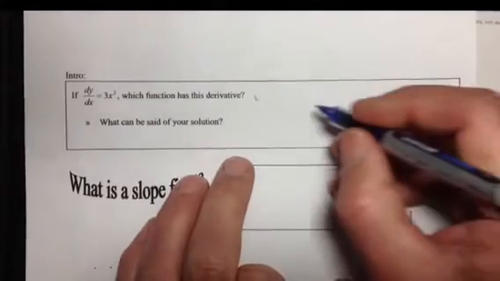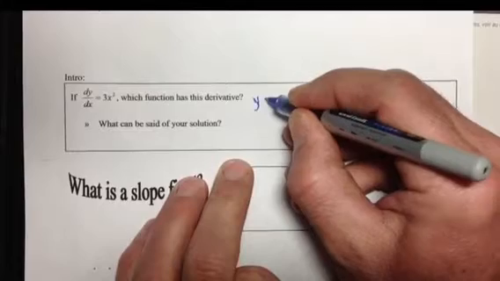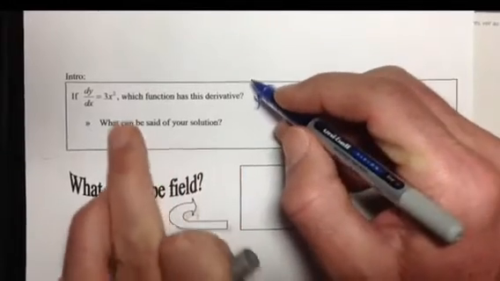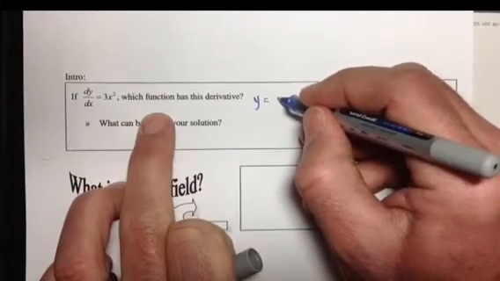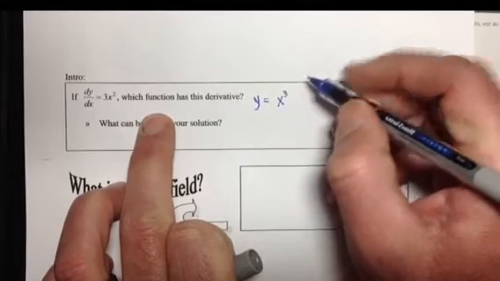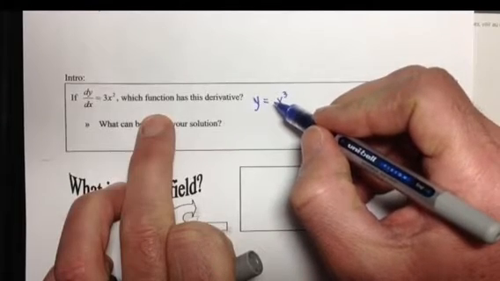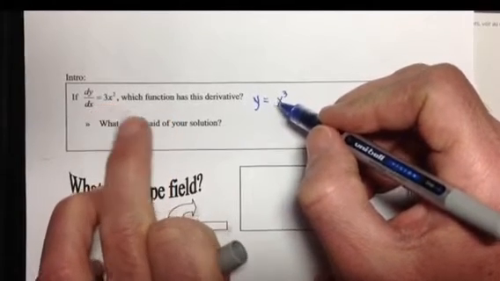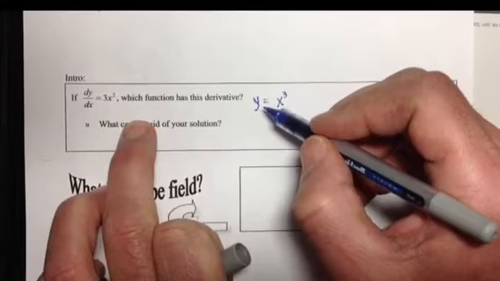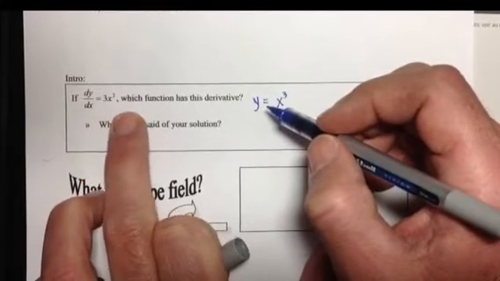We know that the function y, or f of x, is going to have a degree that is 1 larger. So it would go up to a 3. And again, I'm going to double check: 3 times the coefficient of 1 does give me 3x squared. So this would be the general function that would have the stated derivative of 3x squared.